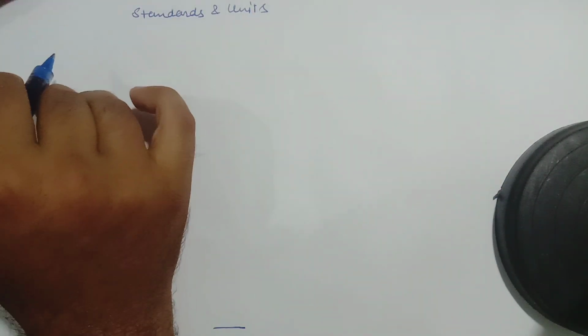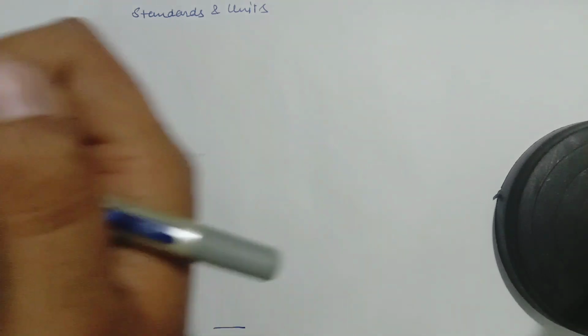Now in physics we know that physics is an experimental science, so the results of experiment are measured, and to indicate these results we need a number. So the number tells us about the extent of that result, like how large is the result or how small is the result. It is totally expressed by the number.